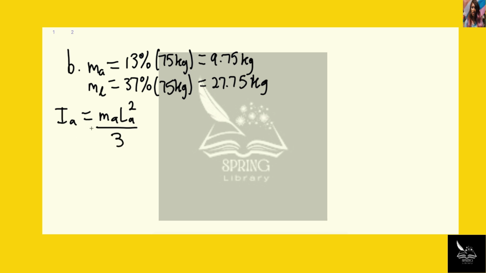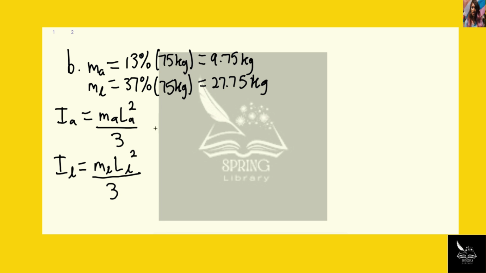And then for the legs, we have m sub L L sub L squared over 3. So this would be the moment of inertia of the arms about the shoulder, and this the moment of inertia of the legs about the hips.